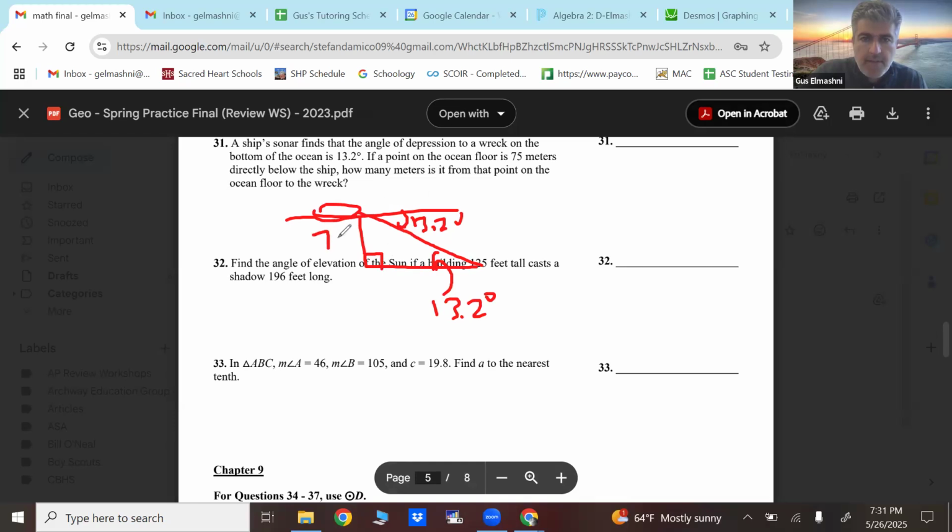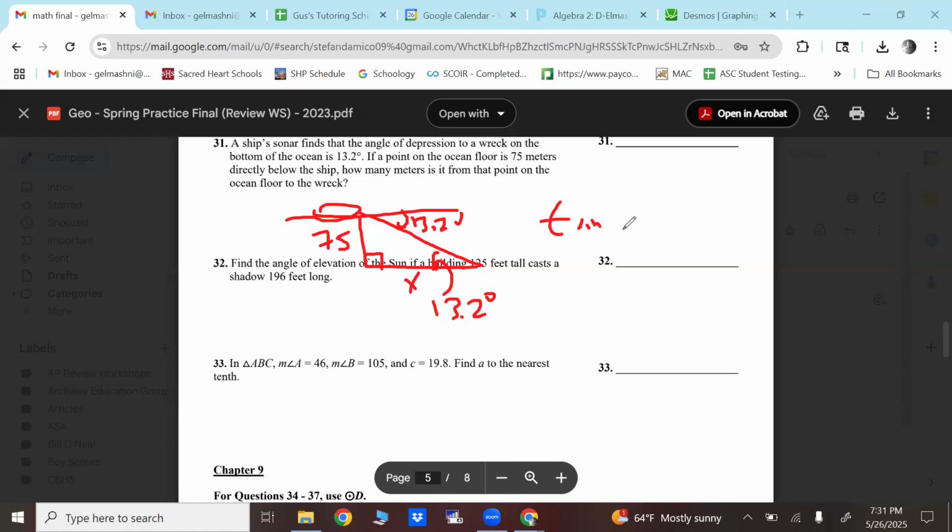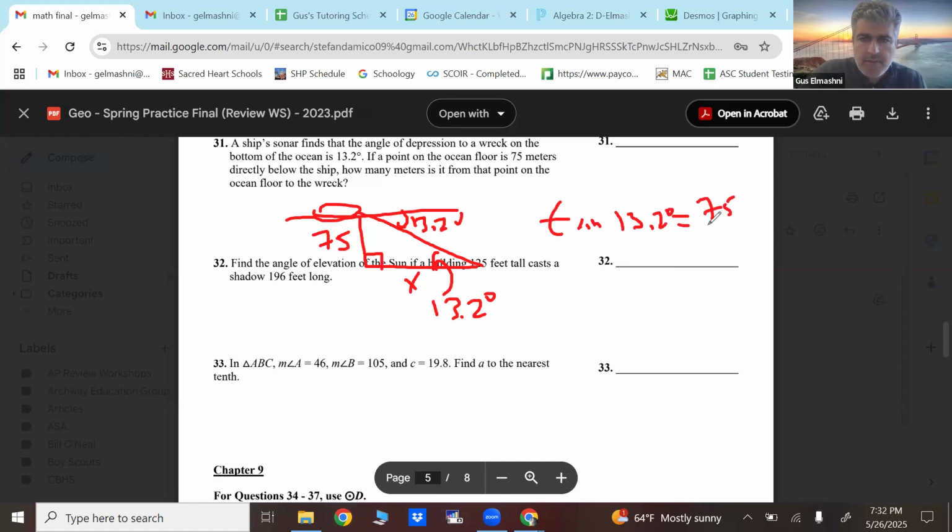And that's 75. How many meters is it from that point on the ocean floor? So I think they want that. So you do tangent 13.2 degrees. So SOHCAHTOA, 75 over X.